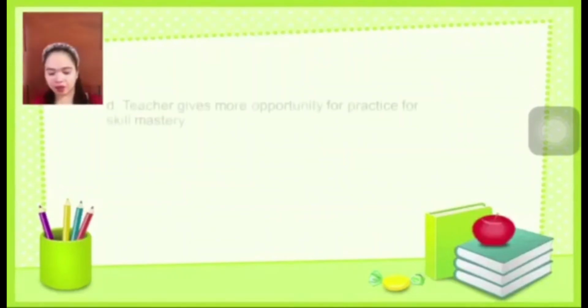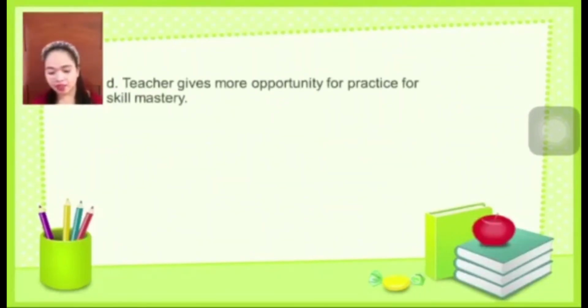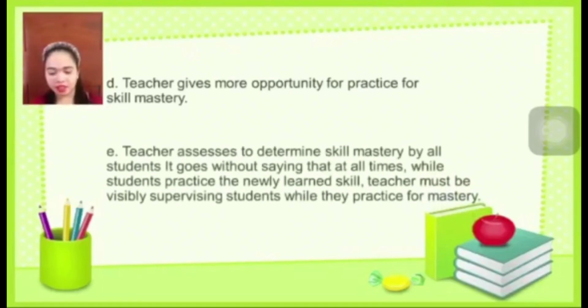Teachers give more opportunity for practice for skill mastery. The teacher assists to determine skill mastery by all students. It goes without saying that at all times while students practice the newly learned skill, the teacher must be visibly supervising students while they practice for mastery.